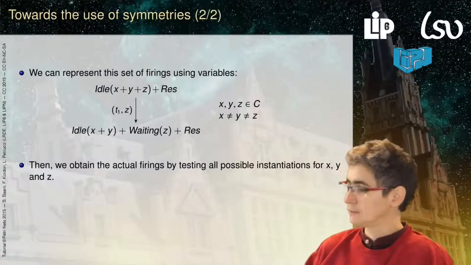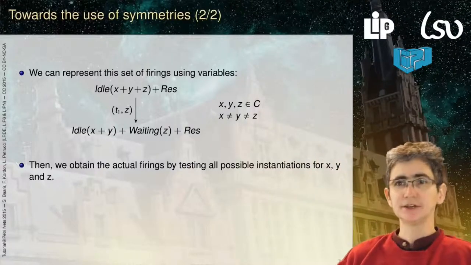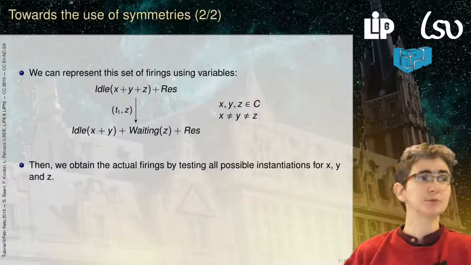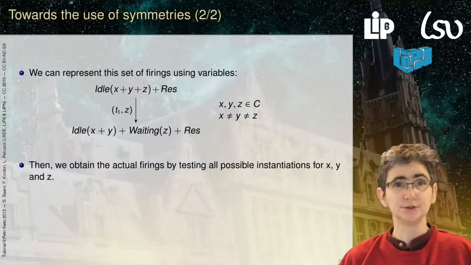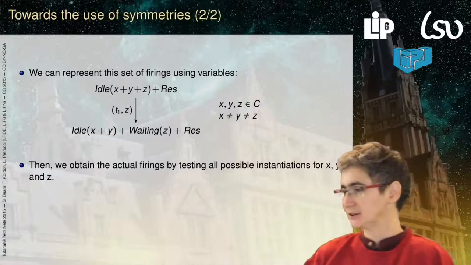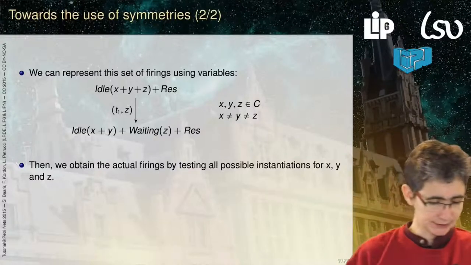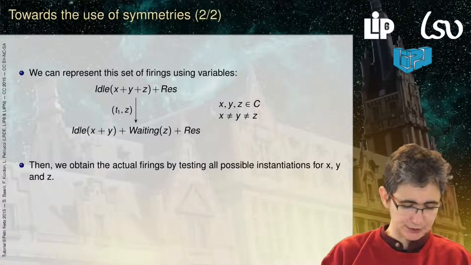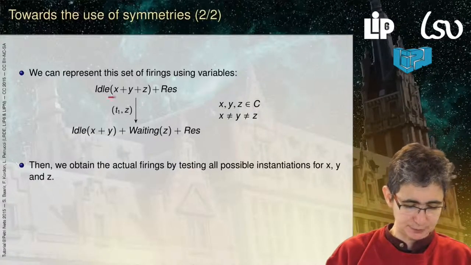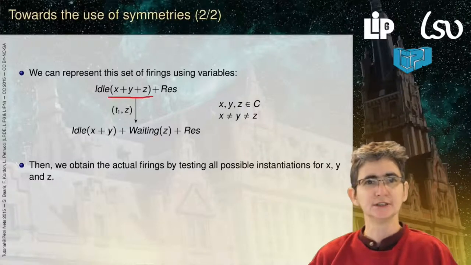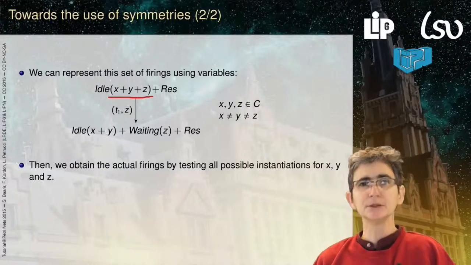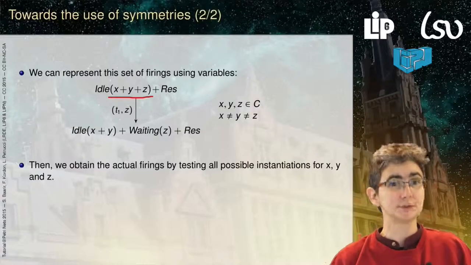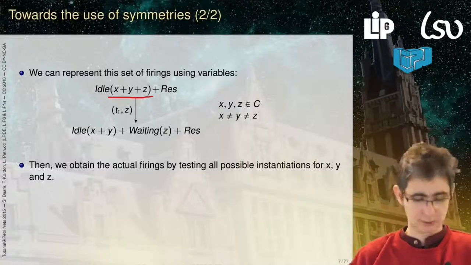So we can represent the set of firings by using variables instead of the actual values of the colors, and the initial marking could be represented by three variables, x, y, z, sitting in idle. So we don't say x equals C1 or x equals C2 or whatever.